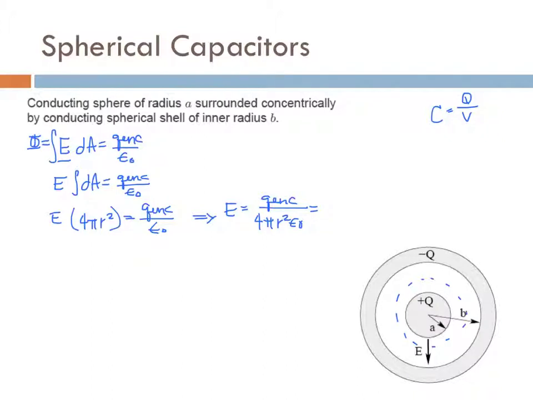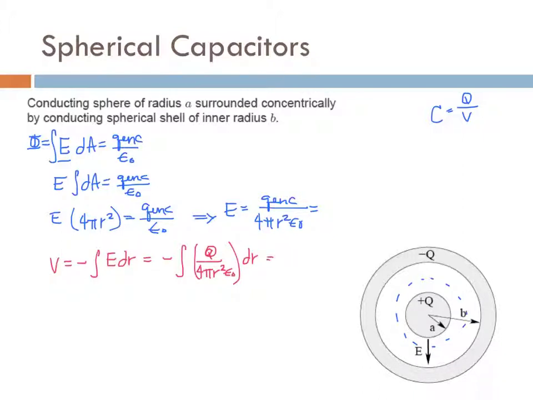Now if this is our electric field, then we can solve for potential by getting the negative integral of my electric field with respect to position. So if I use this as my electric field, again my charge enclosed is just Q in this case, so I'm going to replace that with a Q. I'm taking the integral with respect to r.